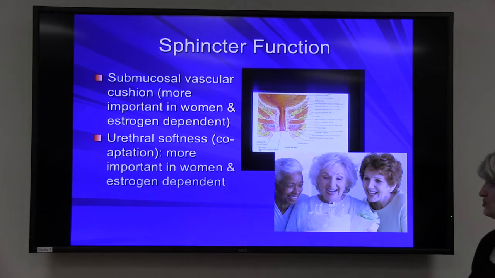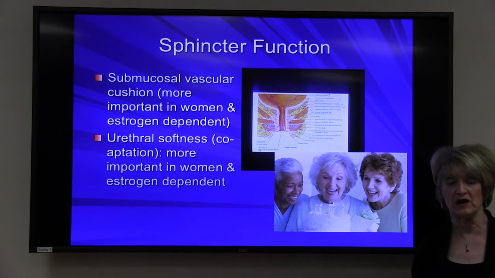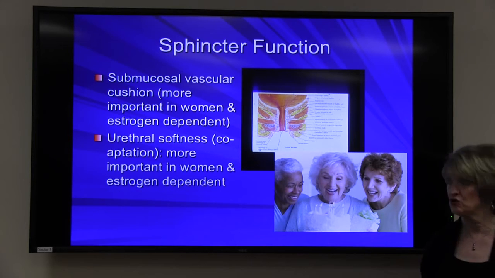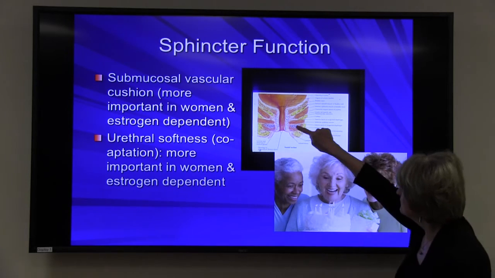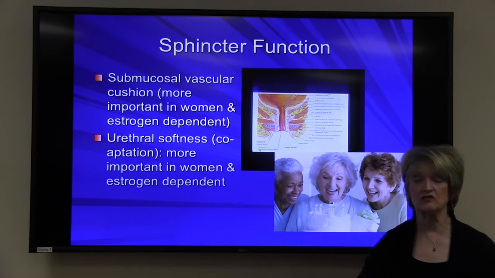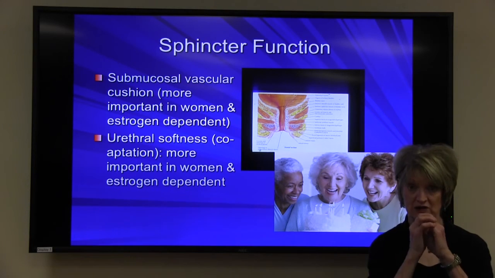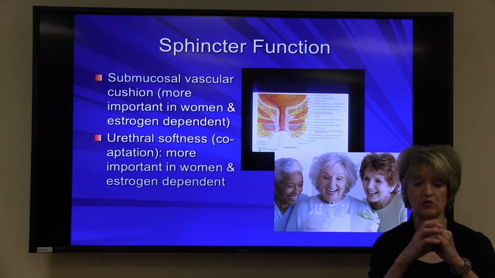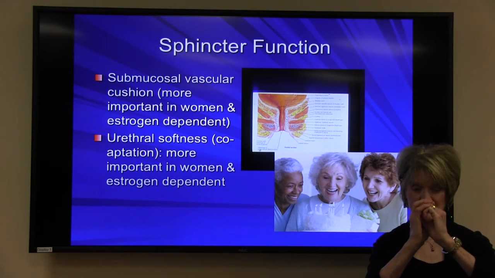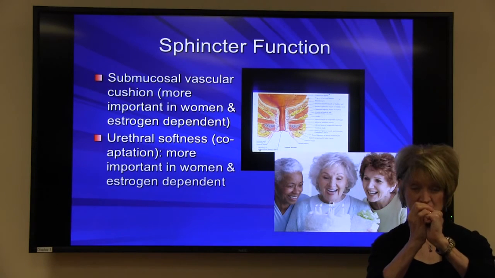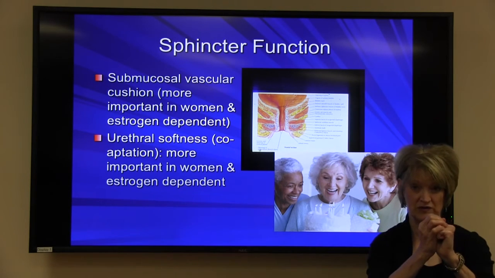What are other features of the urethra and the sphincter mechanism that contribute to continence? Well, there's a submucosal vascular cushion, and you can see it here. That submucosal vascular cushion acts as a fluid-filled sponge that surrounds the urethra. And when you contract the sphincter muscle, that fluid-filled sponge helps to transmit contractile pressures to the urethra.